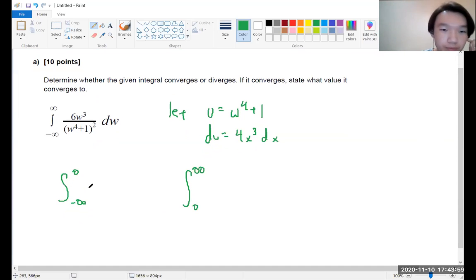All right. So this is 6w cubed over w to the 4th plus 1.